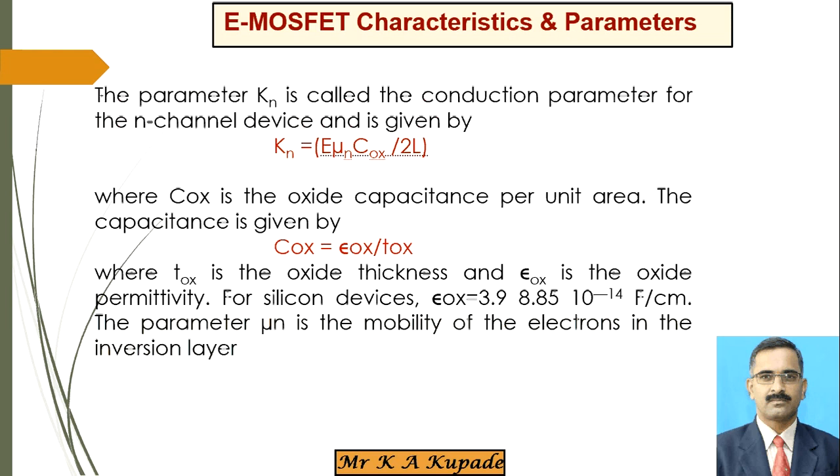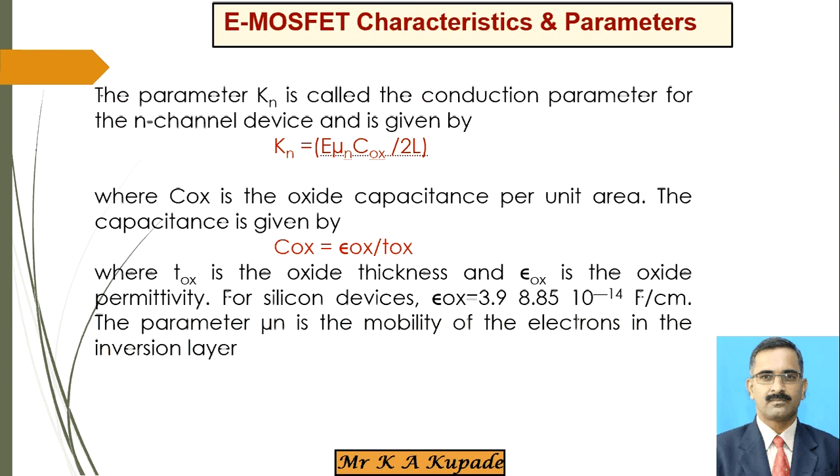COX is the oxide capacitance per unit area, given as COX equals epsilon OX divided by TOX. Here TOX is the oxide thickness and epsilon OX is the oxide permittivity. So this is the parameter.